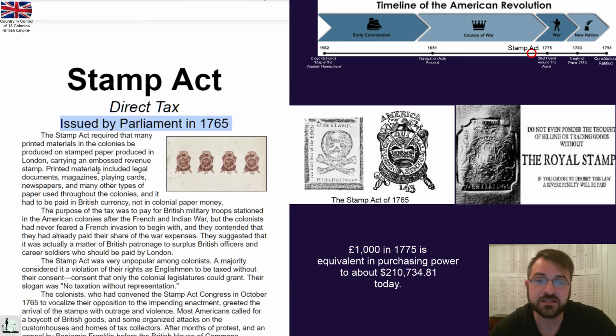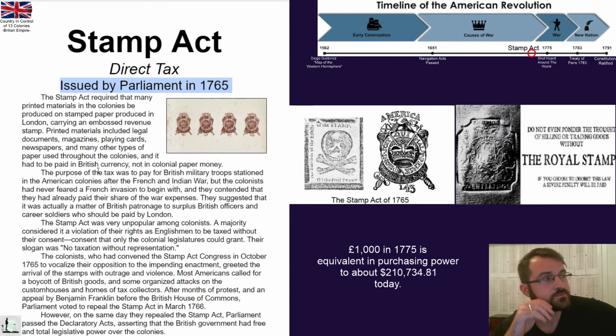There's the Currency Act saying that if you try to create a law in the assemblies in the colony where you actually get to vote to make money, then that law goes away. And if they can do it to those, they can do it to anything. People are very angry. And while the Stamp Act was bad, and while the Stamp Act made people very angry, it wasn't just the Stamp Act that caused the really big violence that we see happen immediately after the Stamp Act.